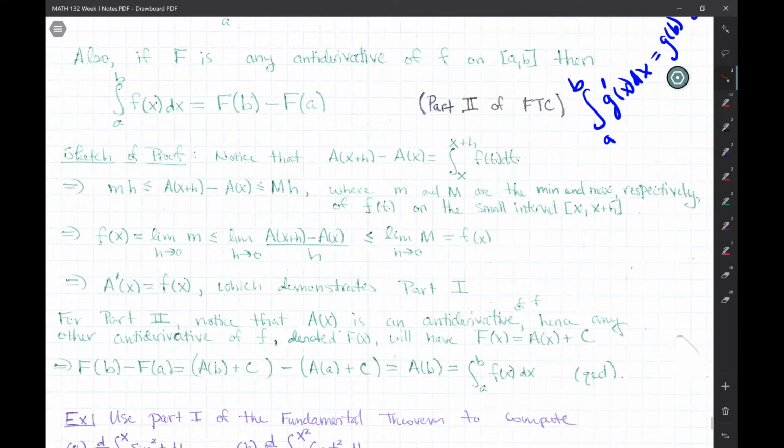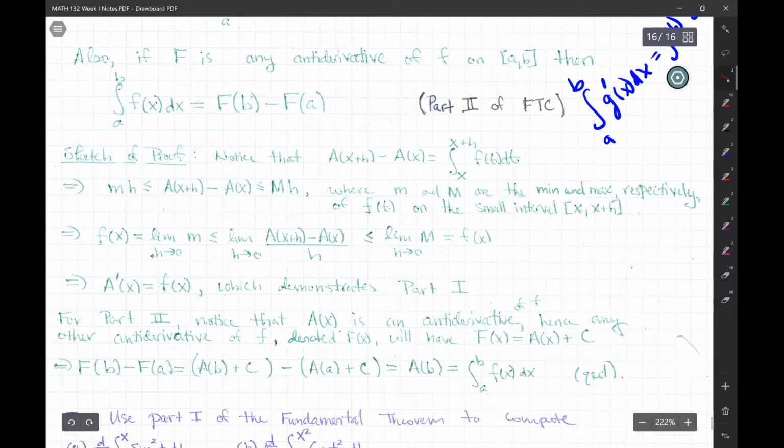And so we can then divide this whole inequality by h. Each of these will lose an h here, but you'll gain an h down there.